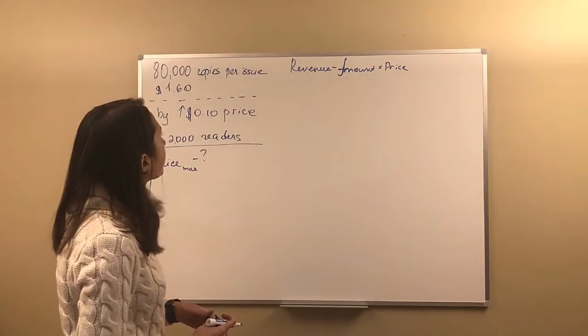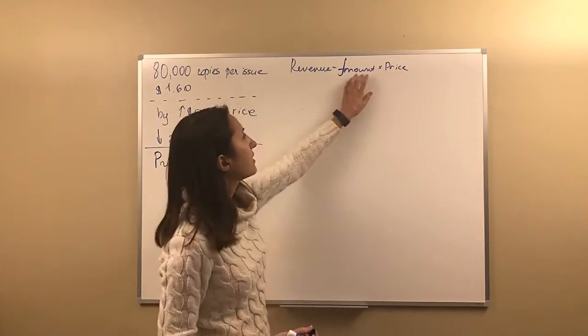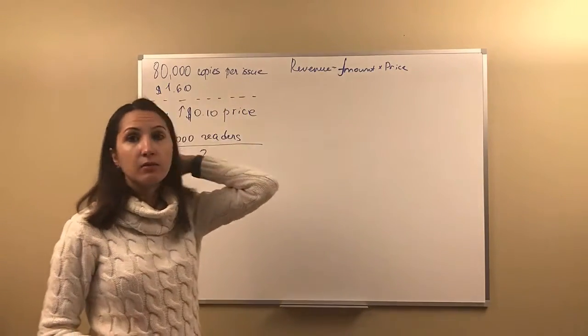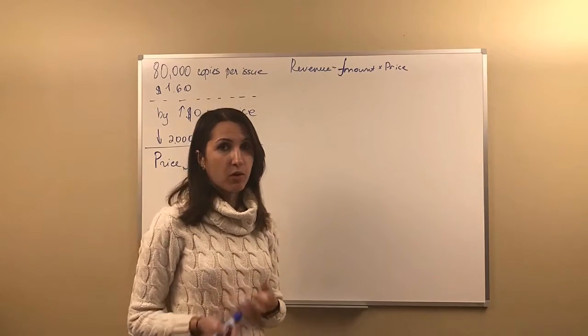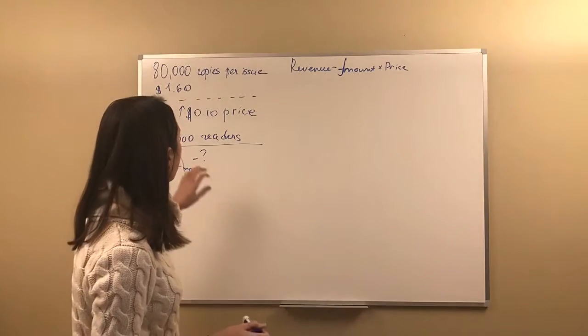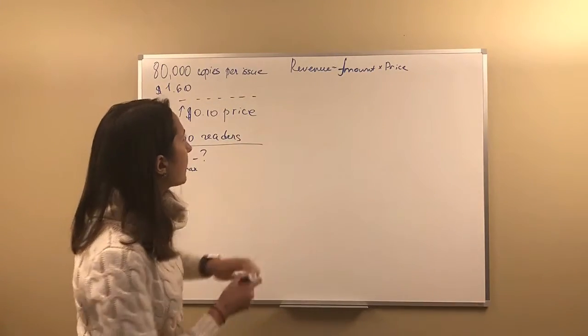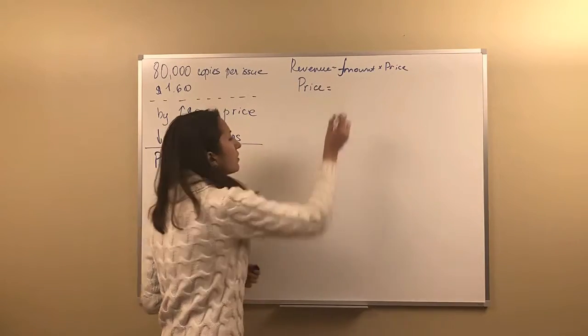Now, we need to define each of these components. What's the price and what's the amount? But first we need to understand what our variable will look like in this particular scenario. So when I think about the price, it also has 2 parts.